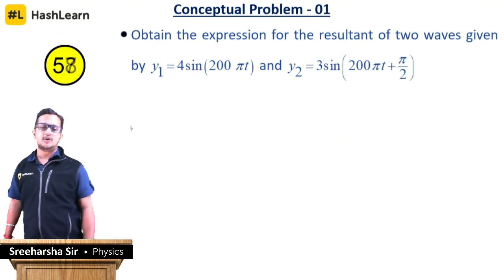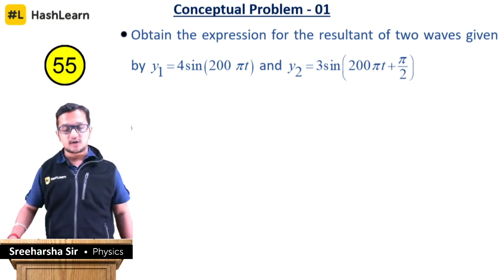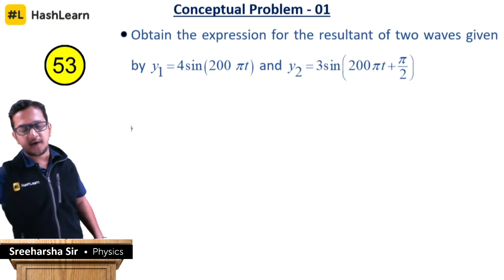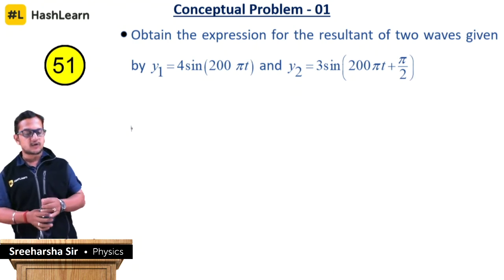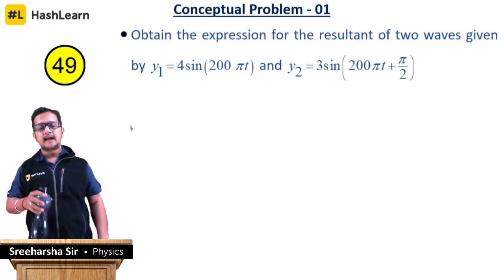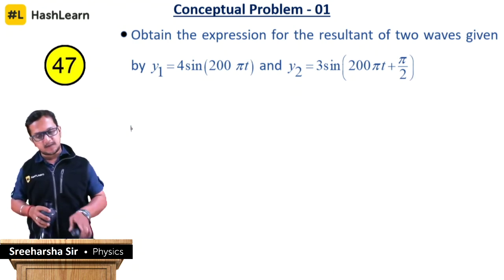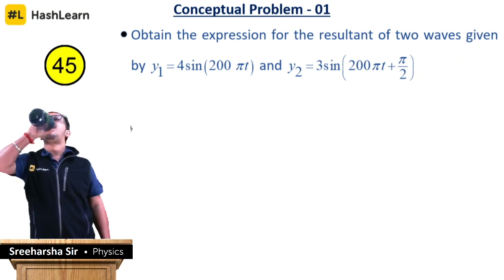The question: obtain the expression for the resultant of two waves, given by the equations y1 equals 4 sine 200 pi t and y2 equals 3 sine 200 pi t plus pi by 2.